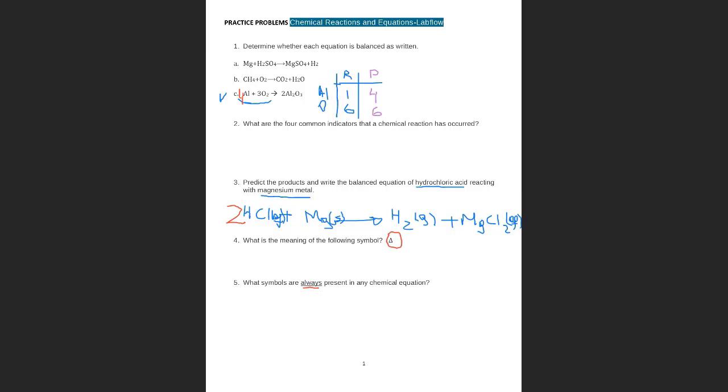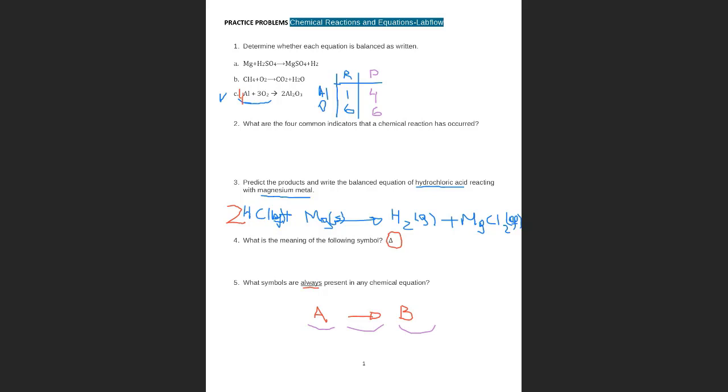We need a reactant A that produces a product B. So we need at least one reactant, we need an arrow, and we need a product.